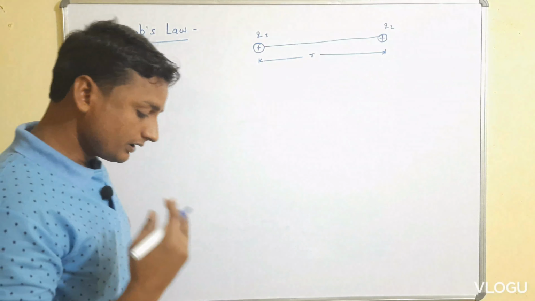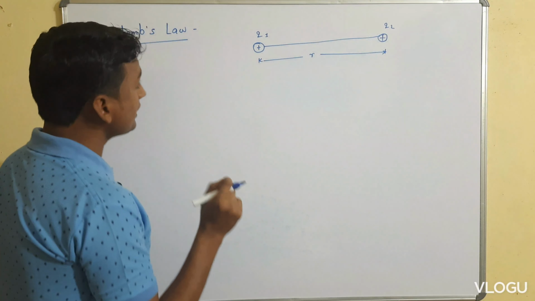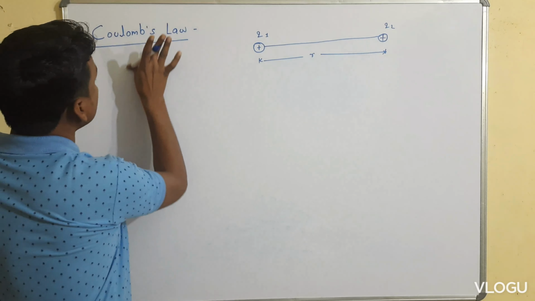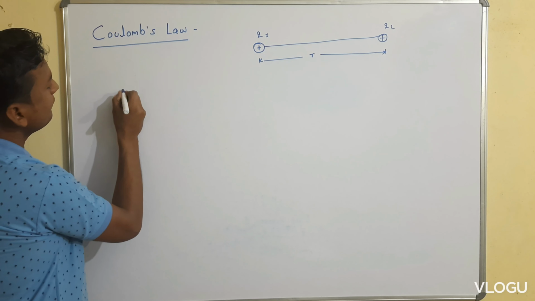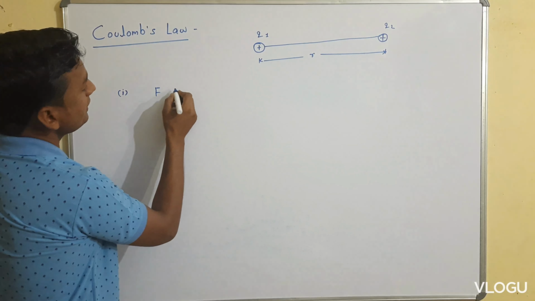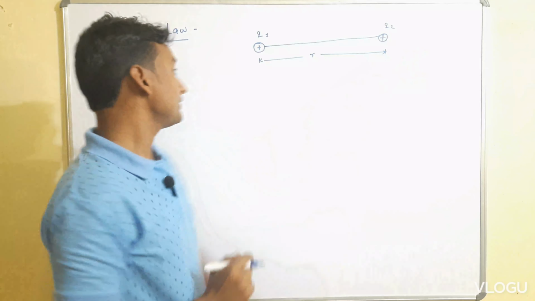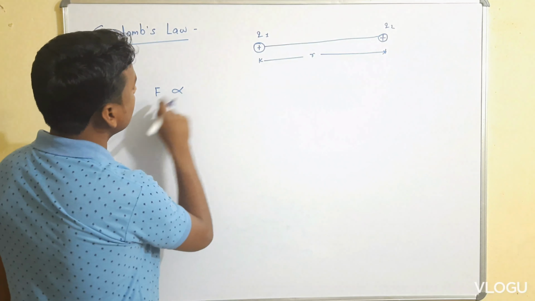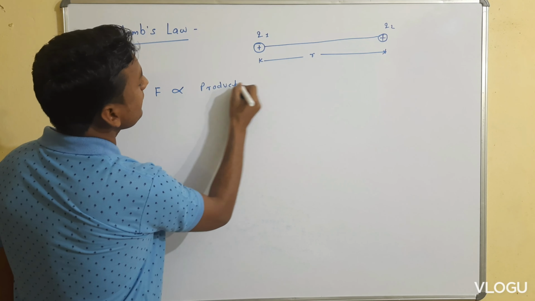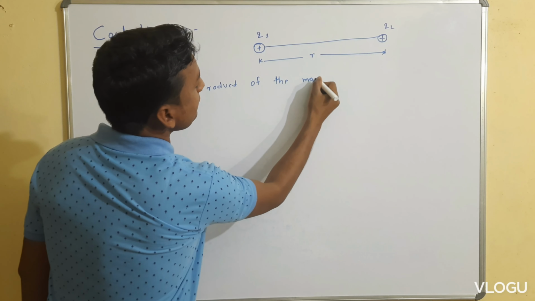According to the experiment Coulomb performed, the first point he postulated was that the force acting between two charges is proportional to the product of the magnitudes of the two charges.